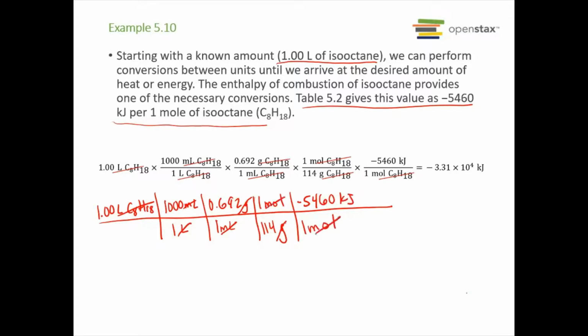So our moles cancel also, and that leaves us with negative 3.31 times 10 to the 4th kilojoules, or 3.31 times 10 to the 4th kilojoules produced. Fun fact, this is enough to melt 99.2 kilograms, or about 218 pounds of ice. Also, if you're interested in each of these numbers step by step, your book goes through that on page 261.